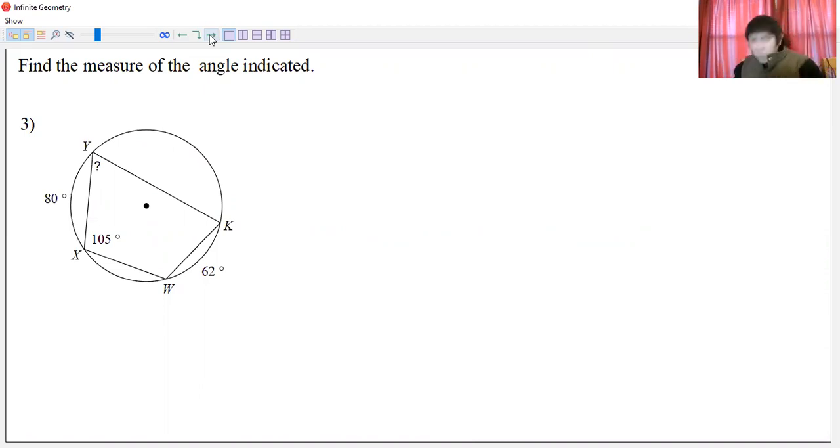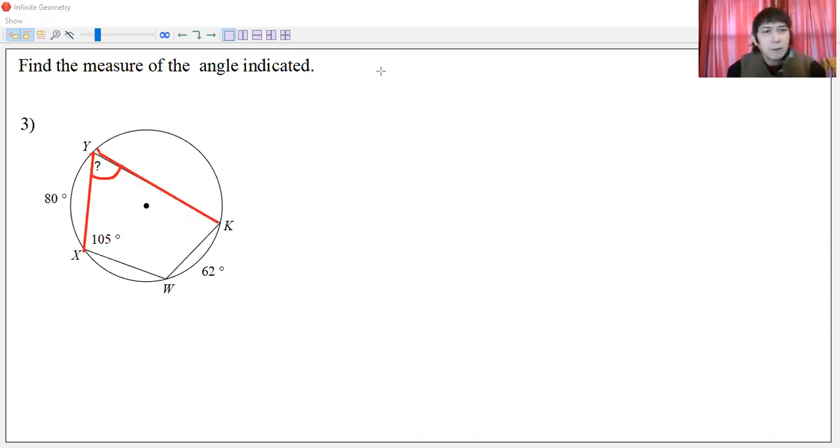All right, so if only we have the arc XWK, then we will be able to solve for the inscribed angle with a question mark. Okay, this angle here. All right, take note of the inscribed angle. Supposed to be this.